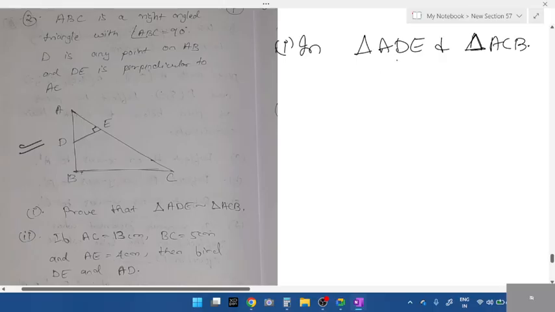Take the first triangle, capital. Okay, we need to prove them, small triangle and larger triangle. So whatever is written, what is common to them, students? Which alphabet is common here? If you split, A is common. So write angle DAE is equal to angle BAC. Common angle.